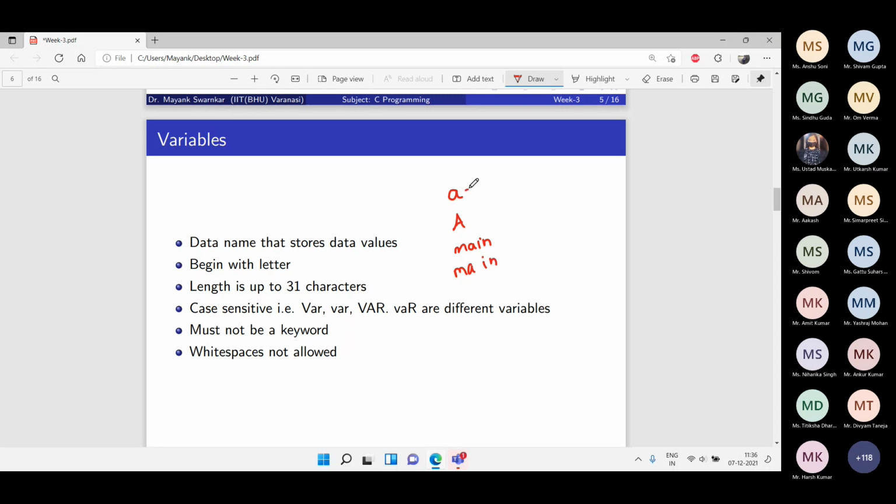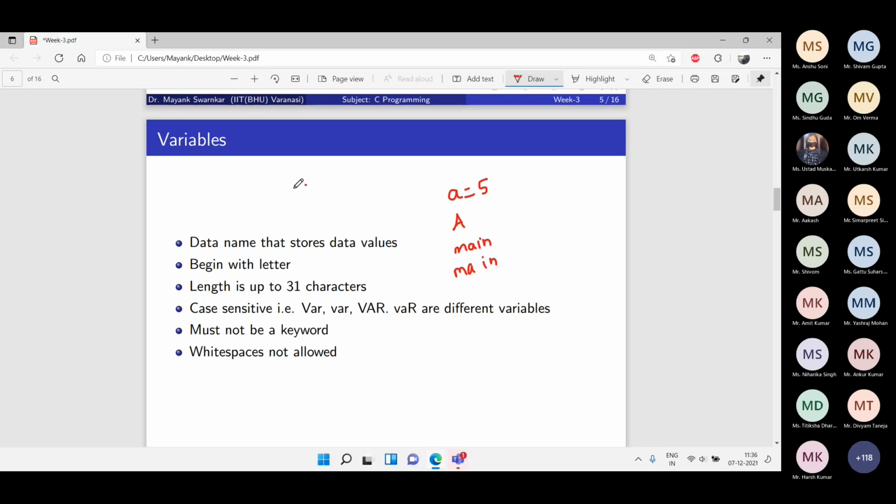If I do A equals 5, this means in memory, the C program will create a block, like you have RAM in your mobile or laptop. RAM has multiple blocks, tens of thousands, hundreds of thousands of blocks, depending on the available RAM.